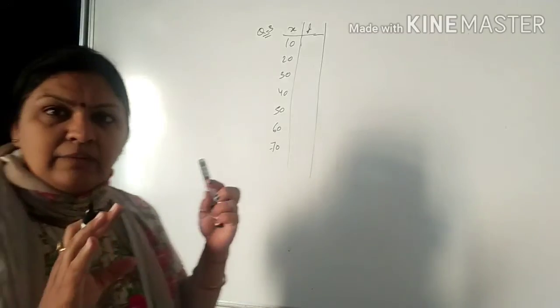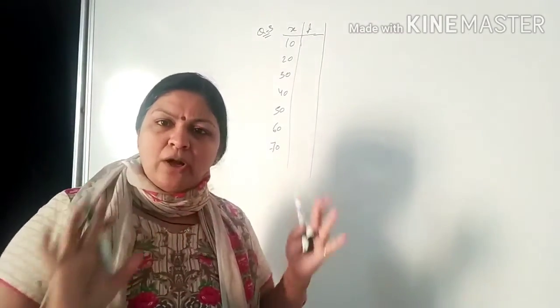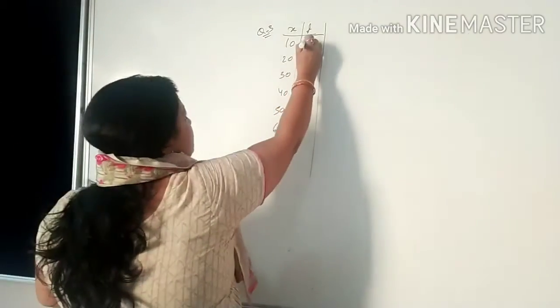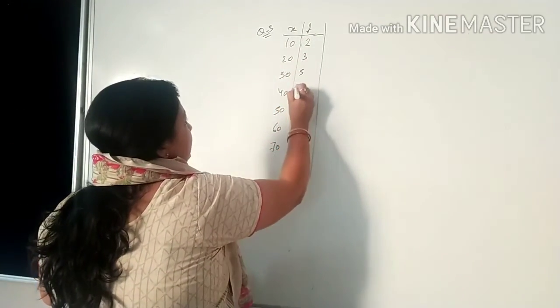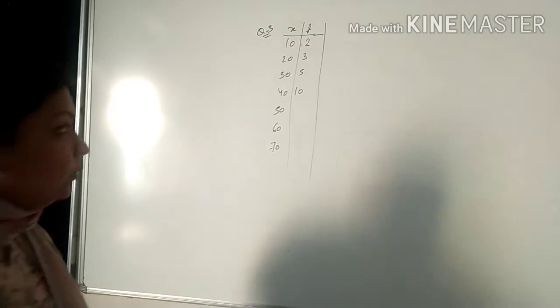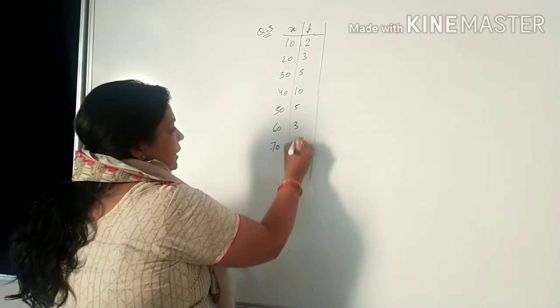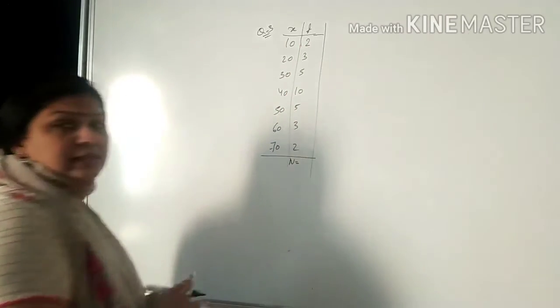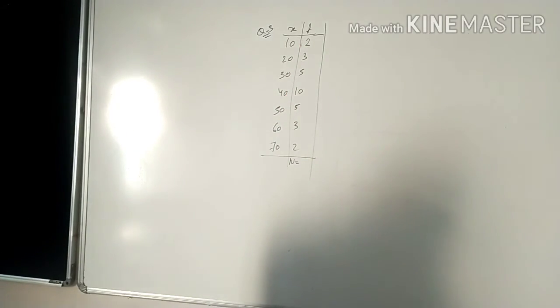Whenever the frequency is given, keep in your mind, you just find out the cumulative frequency. Frequencies: 2, 3, 5, 10, 5, 3, 2. So what is your n, beta? Just calculate the sum of the frequency, that is your n.